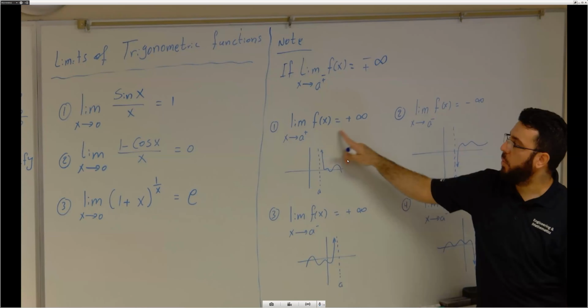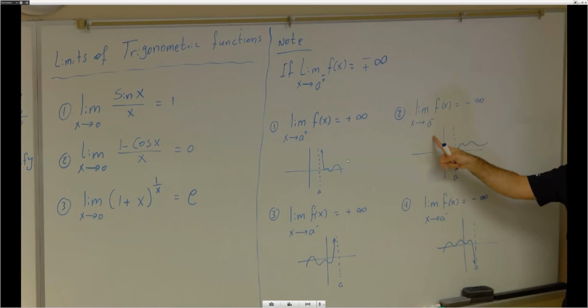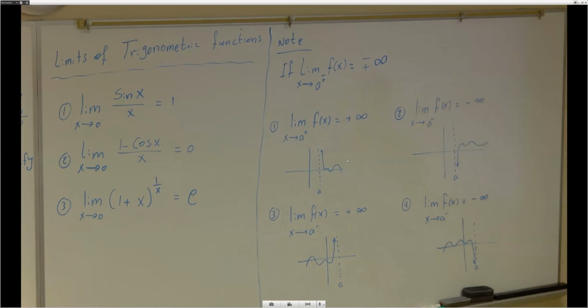I'm just going to take this one as an asymptote, okay? It could be the asymptote on this side, it doesn't matter. But if the limit approaches a certain number from the right side, it's always going to go where? Up. The limit approaching the same number, I'm just going to take the same number here, from the left side. This is the left side. Oh, also from the left side. There's something wrong with this one, right?